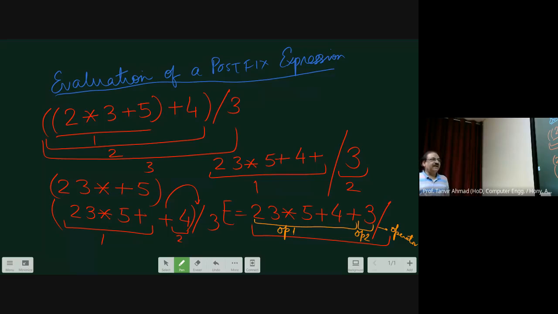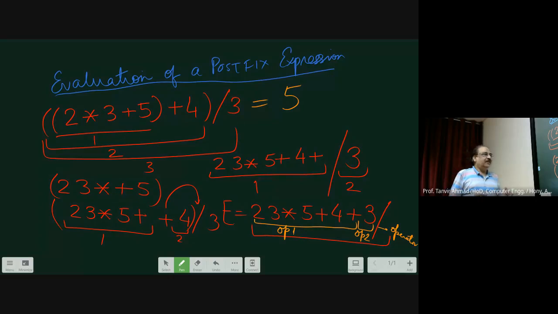Now, once I get 2, 3, this one, if this is correct, what is the answer for this? If you are going to evaluate it manually, it will come 6 plus 5 is 11, 11 plus 4 is 15, 15 divided by 3, the answer should be 5. Now if you are going to do it manually, it should give you the answer 5.